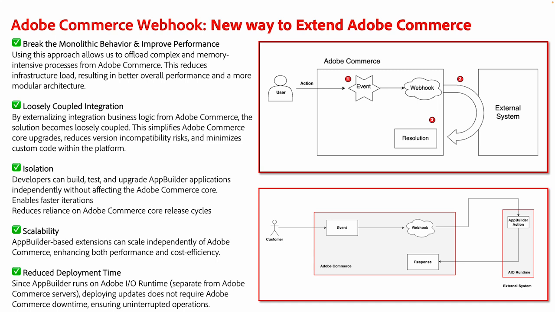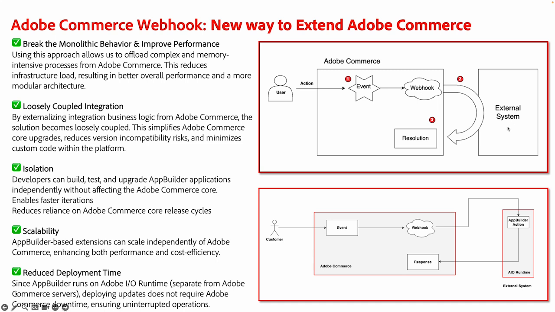The second thing we are doing is a loosely coupled integration. In the traditional approach, we write the code using the plugin, observer or the preference. In the new approach, the logic is not written in Adobe Commerce. It is written in the external system API endpoint. This API endpoint can be anything.